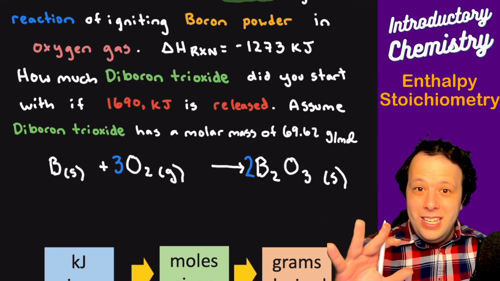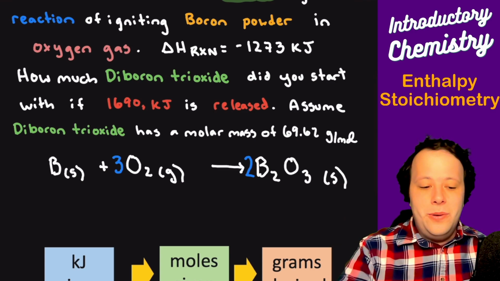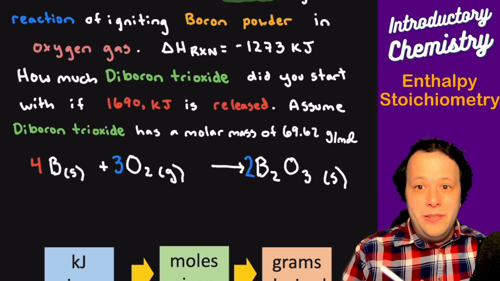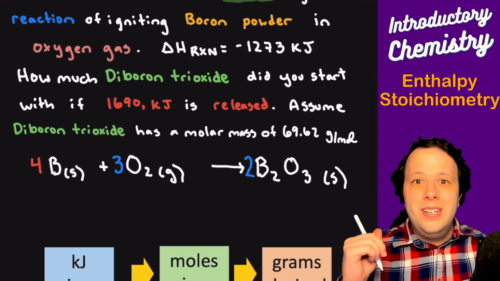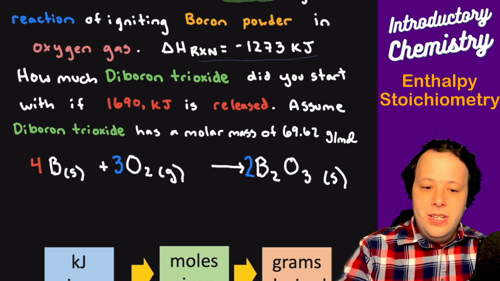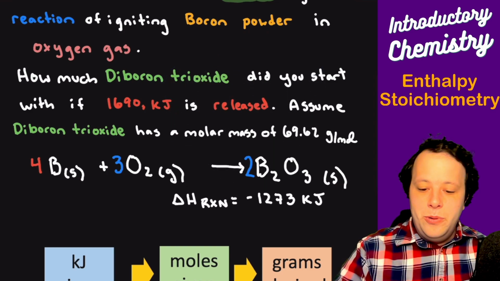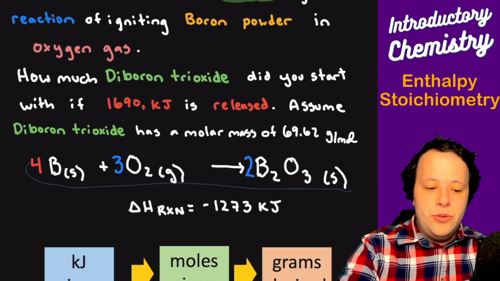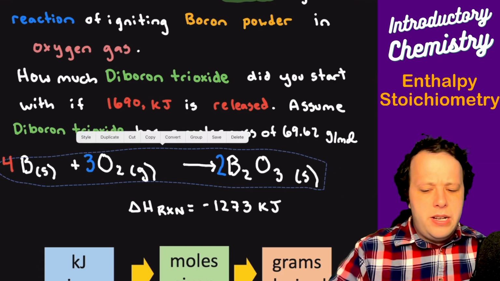We evened the odds in this case. Now we can balance our borons, and we see that we have 4 and 4 on the left and right. Our next piece of information given was the delta H of the reaction, which was negative 1273 kilojoules, which means that it's a product.